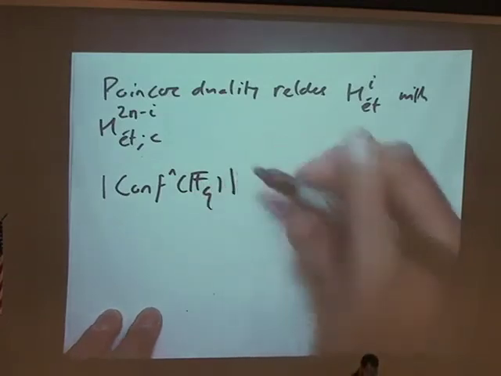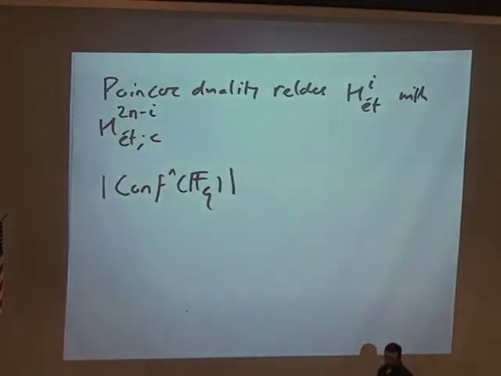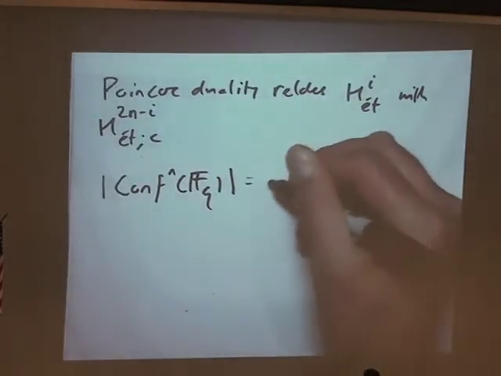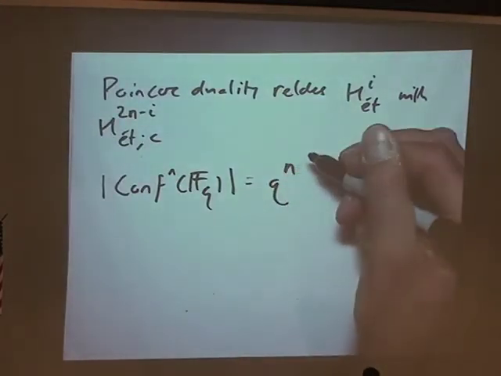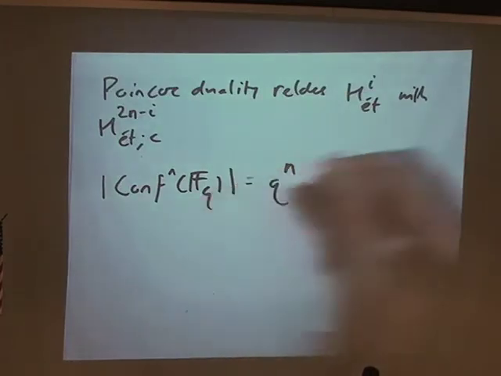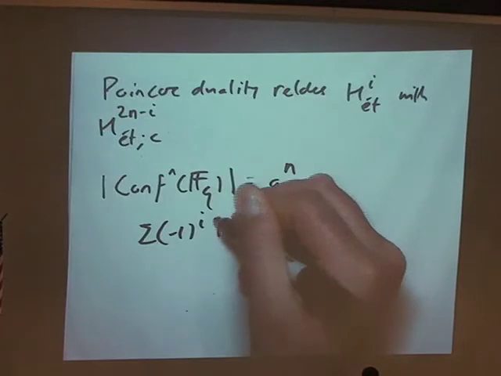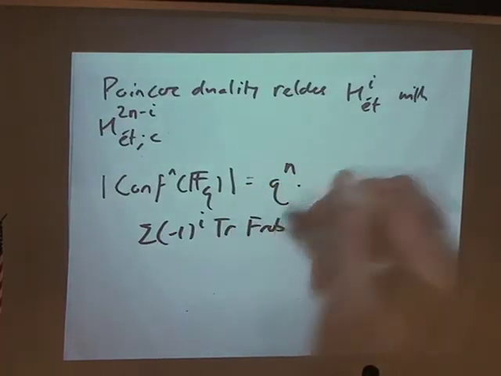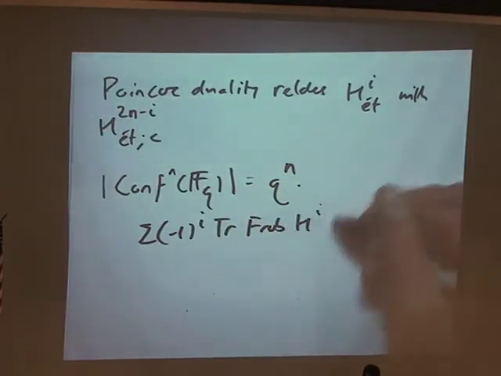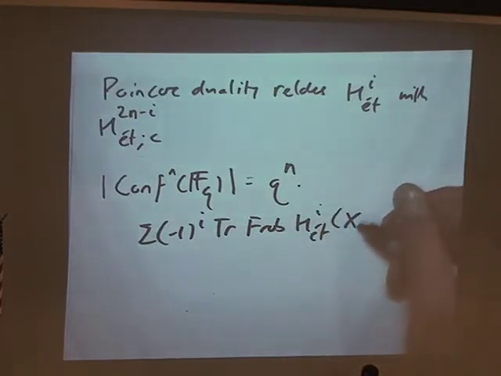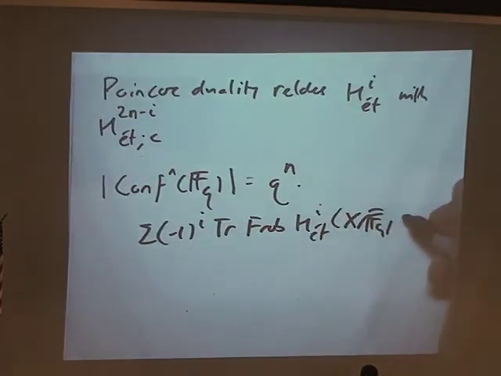the number of points on this space, what the Grothendieck-Lefschetz formula tells us is that it is q to the n times the alternating sum of the trace of Frobenius acting on H^i étale, not compactly supported, but dual.